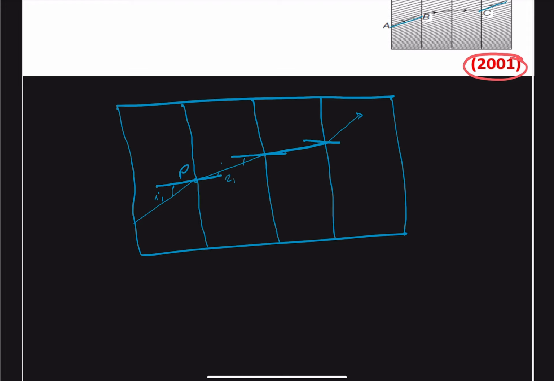So this will also be R1, and let us call this R2. This angle will also be R2, and because of parallelism, let us call this also I1. This is P, this is Q, and this we have R. Refractive indices are mu1, mu2, mu3, and mu4.